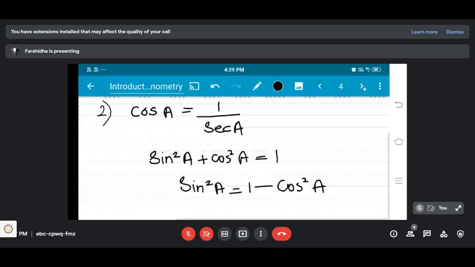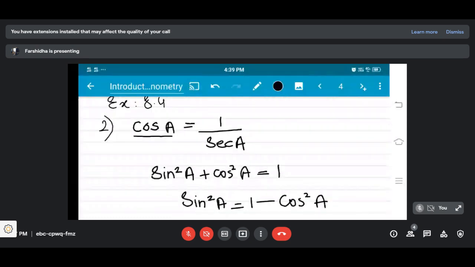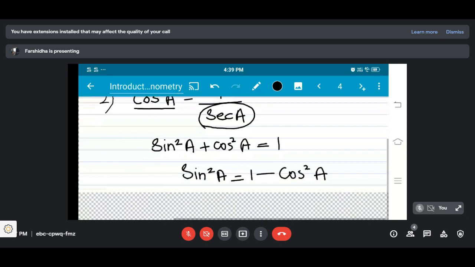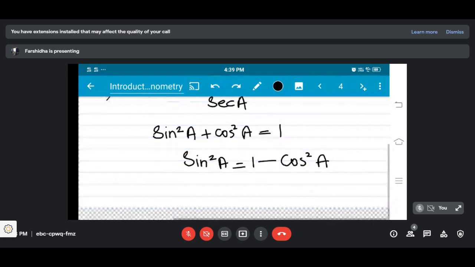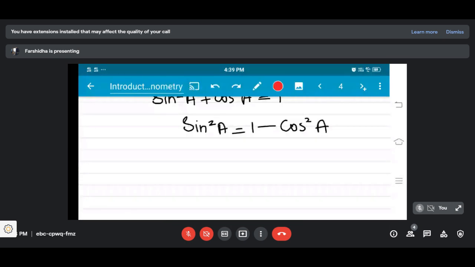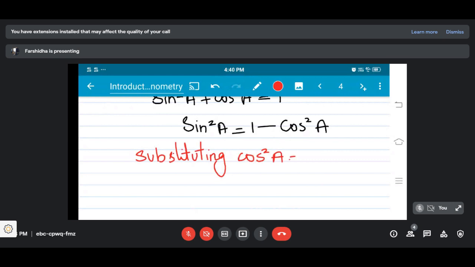See here, we got cos A equal to 1 by sec A. So this one I'm going to substitute here for cos. Cos A is 1 by sec A. So cos square A will be 1 by sec square A. Substituting cos square A is equal to 1 by sec square A, we'll substitute here.